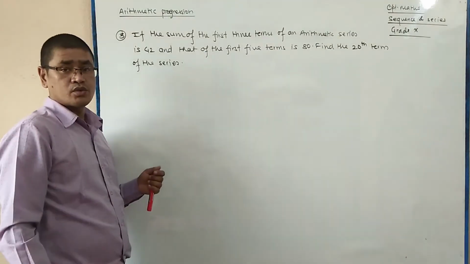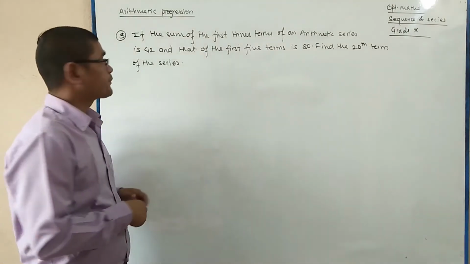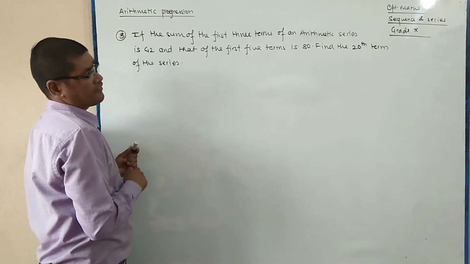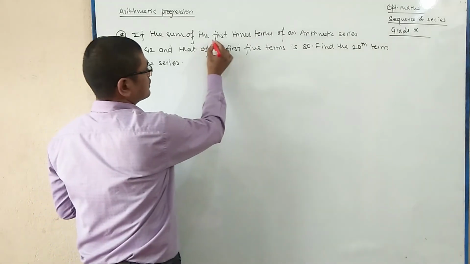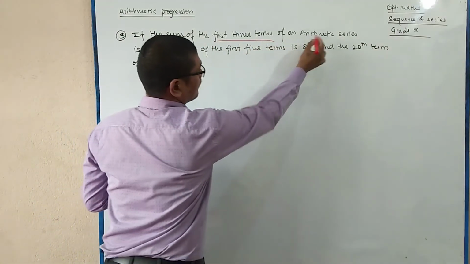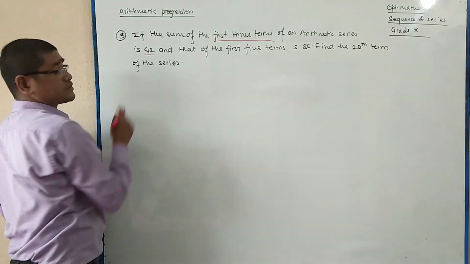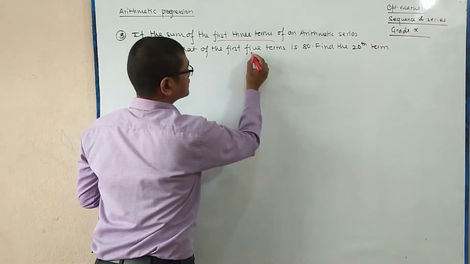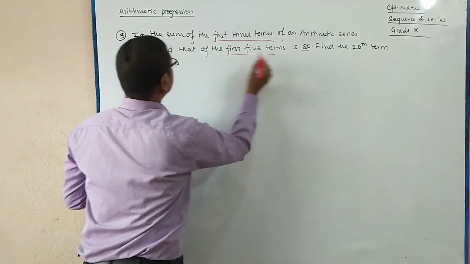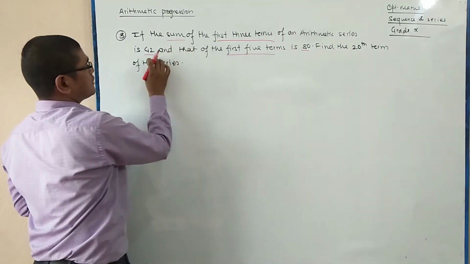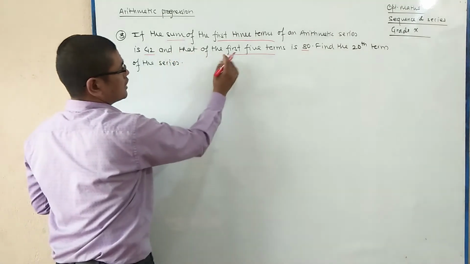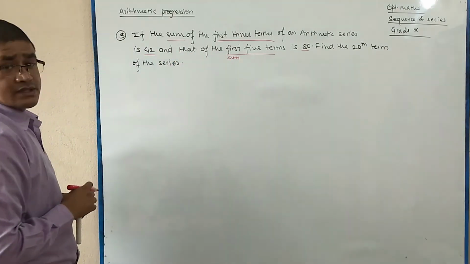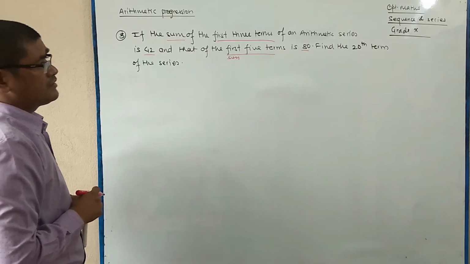Okay, students, let's see this problem. If the sum of first 3 terms of an arithmetic series is 42, and that of the first 5 terms is 80, find the 20th term.